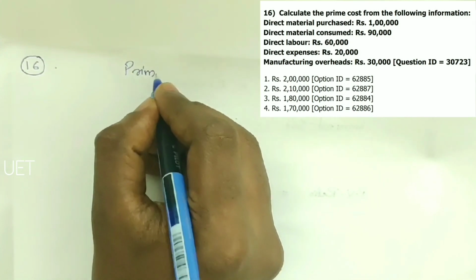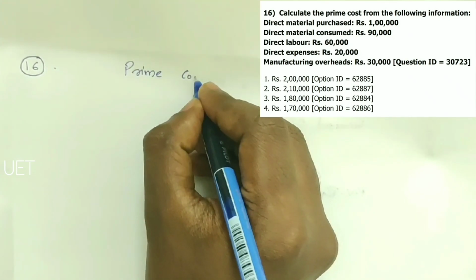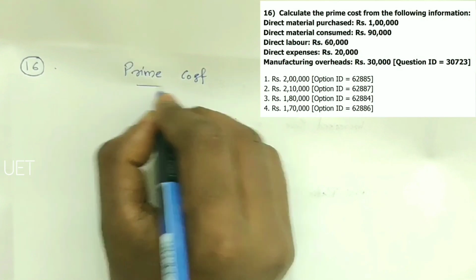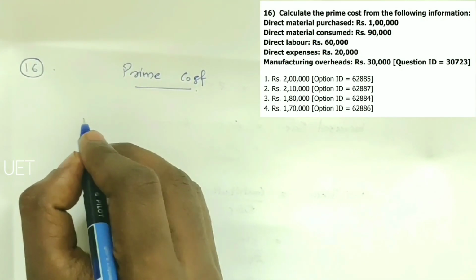Now we are going to calculate the prime cost. Manufacturing overhead and direct material purchased will not be considered for the calculation.